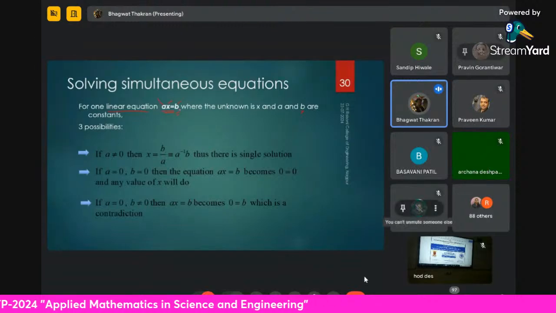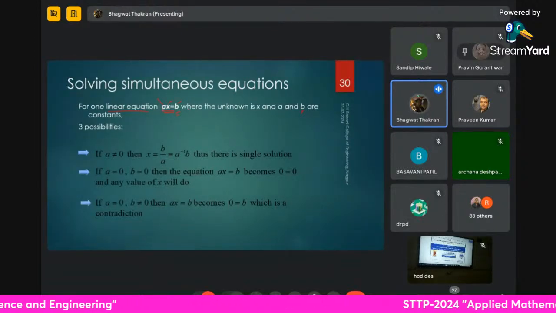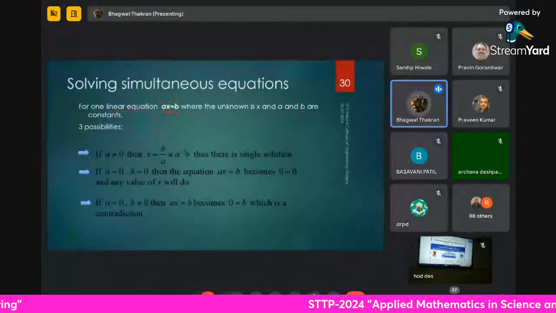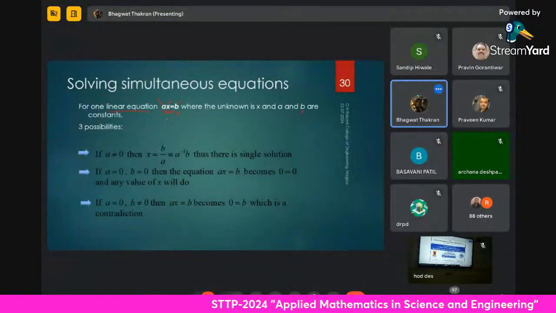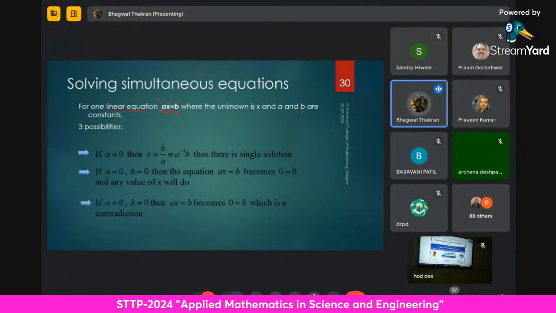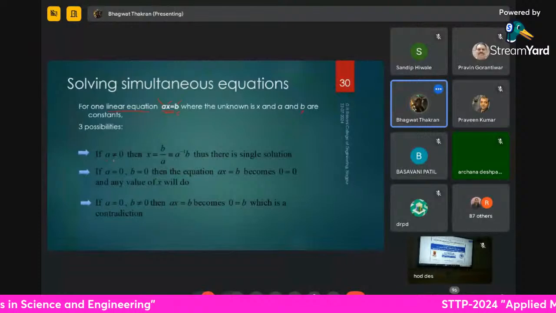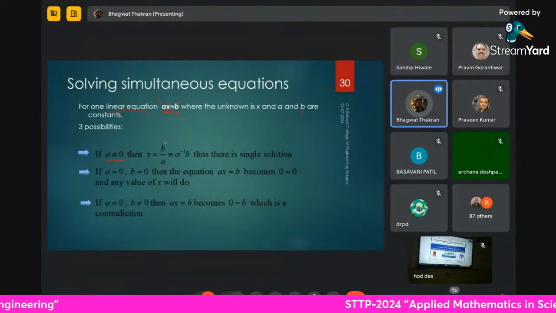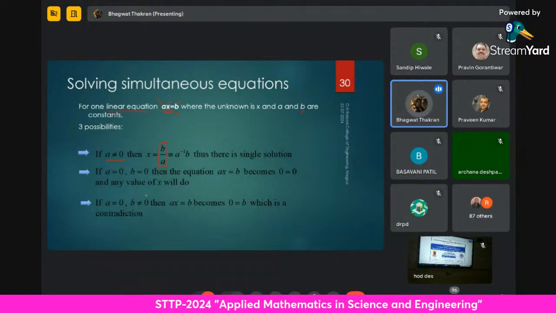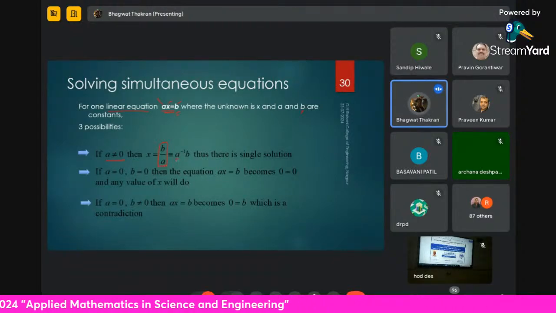The first possibility is what happens if the value of A is 0, and what happens along with this if B is 0 and B is not 0. See, if A is not 0, then definitely we can write X as B divided by A, which is similar to A inverse B. Why do I say order?